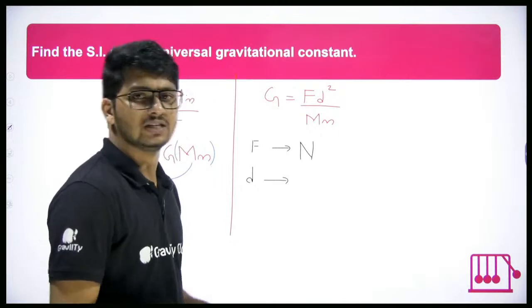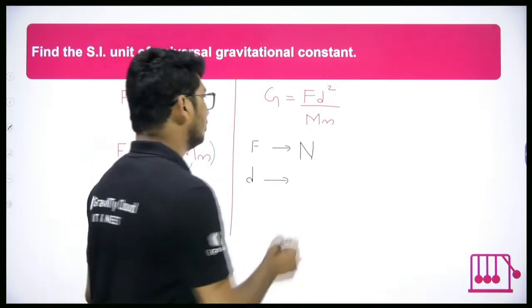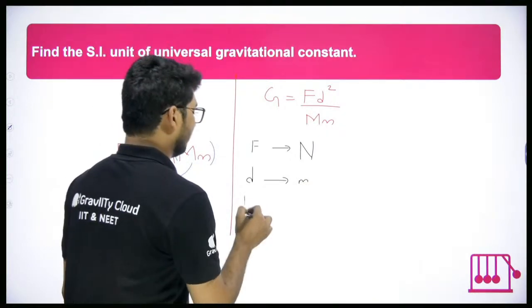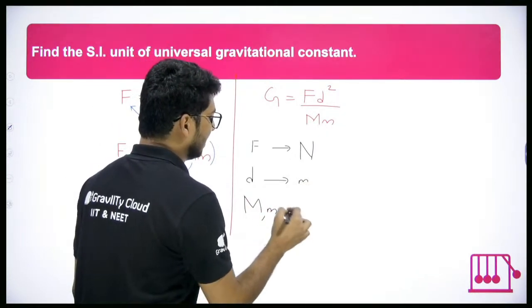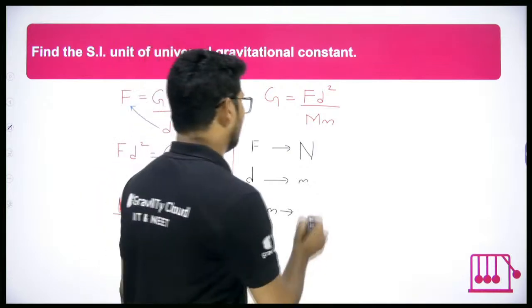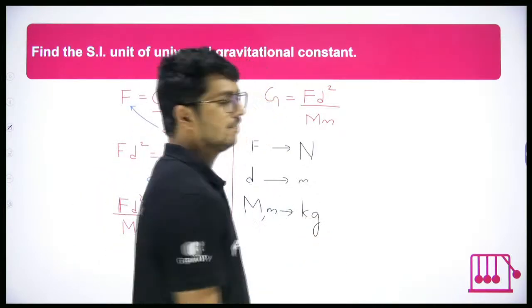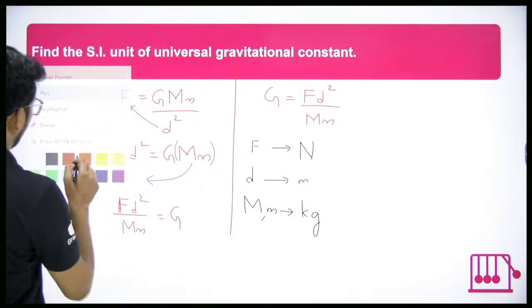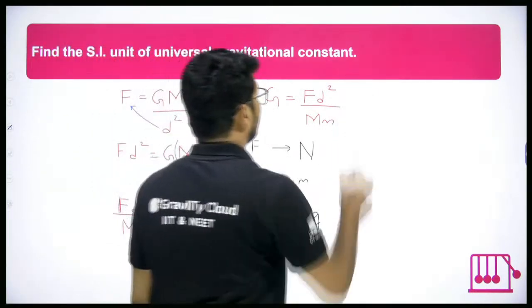D is distance, and for distance the SI unit is meter, small m. Then for capital M and small m, they are masses. For mass, the SI unit is kilogram. So just substitute all of them in that equation and you will get the SI unit of capital G.